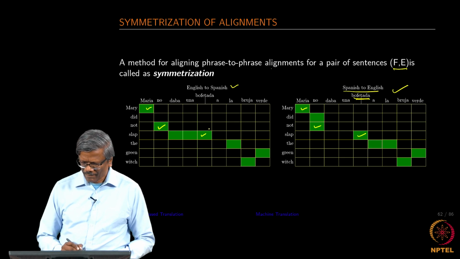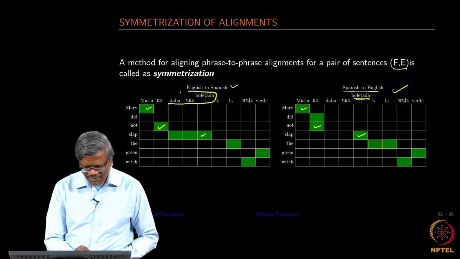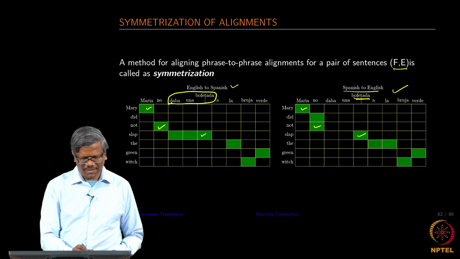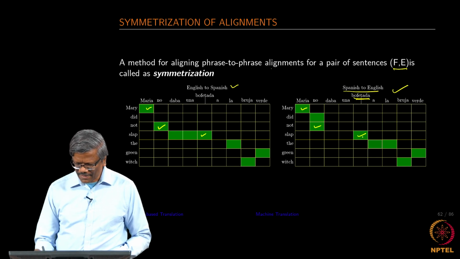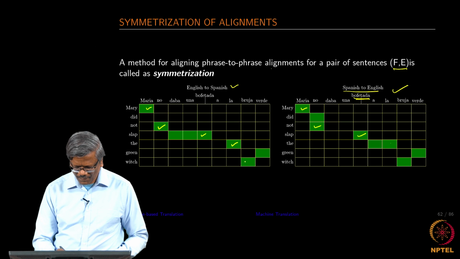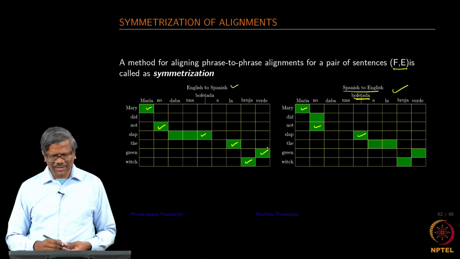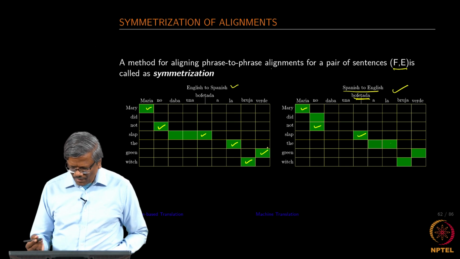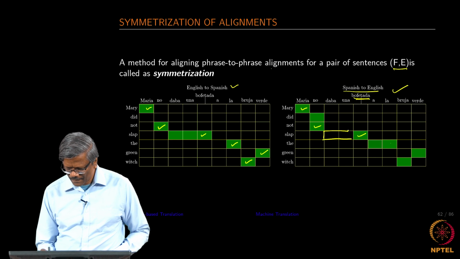So, you have a phrase for slap in Spanish, and that is what is given here. In this case we just take this span intersection. This is the only point that is coming in, and then we have this point and this point. That is going to be your intersection. When you look at the union of those, you will have these.